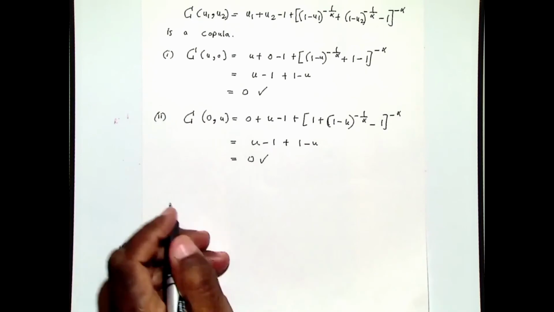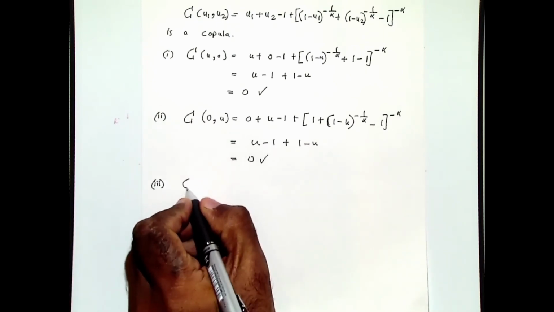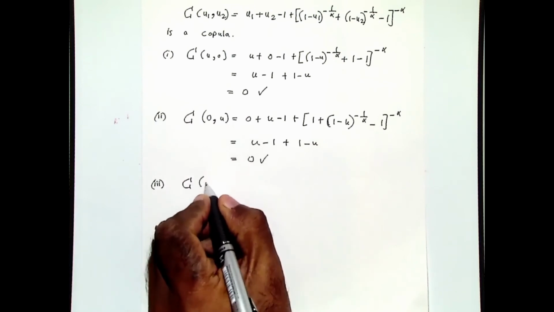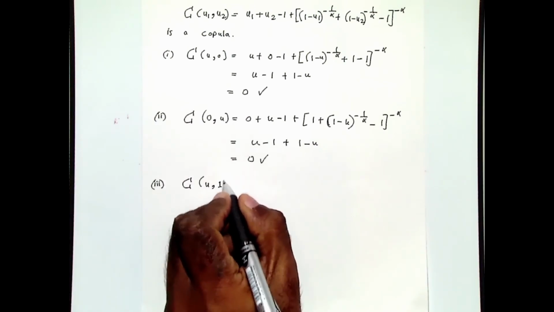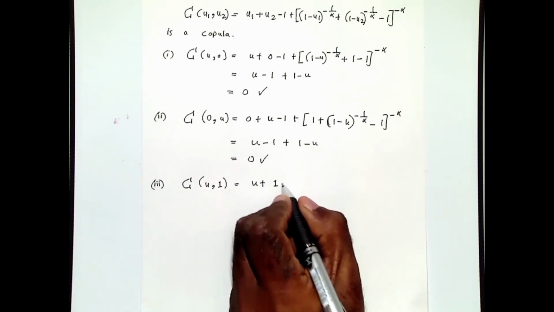Okay, condition 3 is the following: C of u comma 1, which is u plus 1 minus 1.